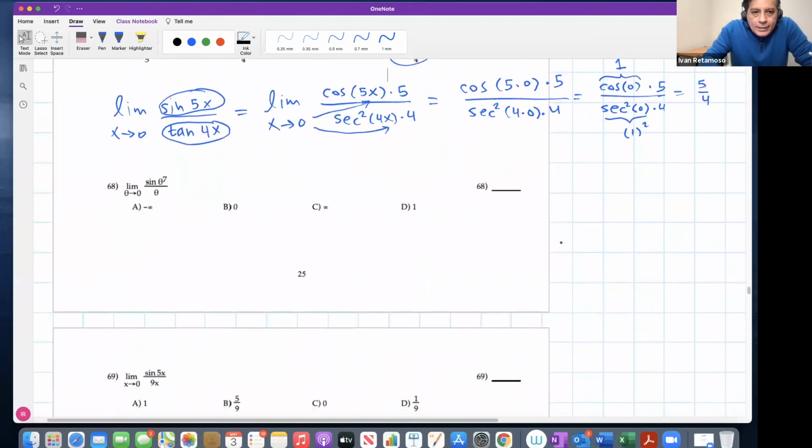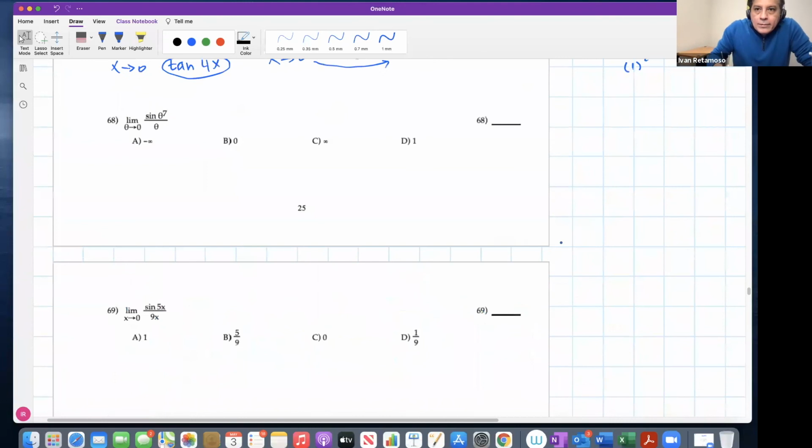Another one with L'Hopital. Probably we should do this quickly and then move to the ones with Newton's method. This one has a strange form: sine of theta raised to the 7 power over theta, and this is the limit as theta goes to 0.